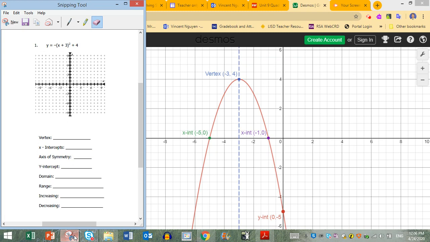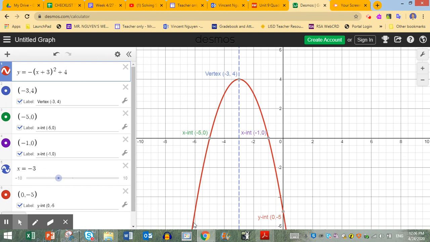Increasing and decreasing. So if you notice, if I click on here and I drag my mouse, you notice the y value is increasing. The y value is your function, right? It's increasing, so it's getting more positive, all the way up to 4.